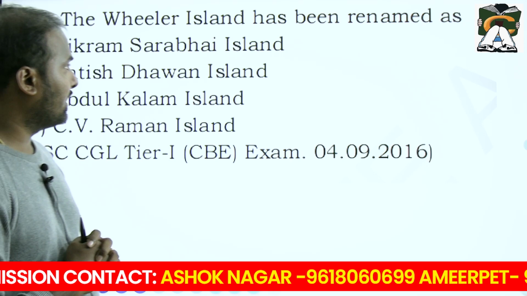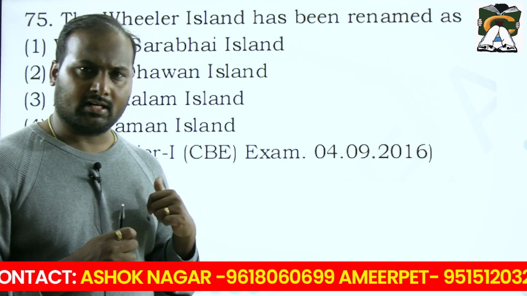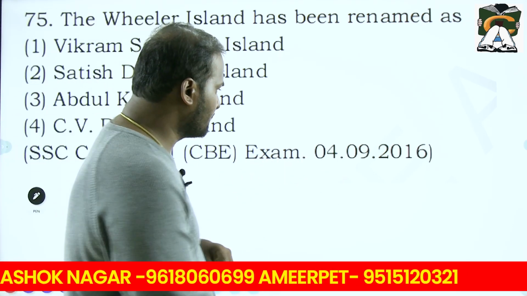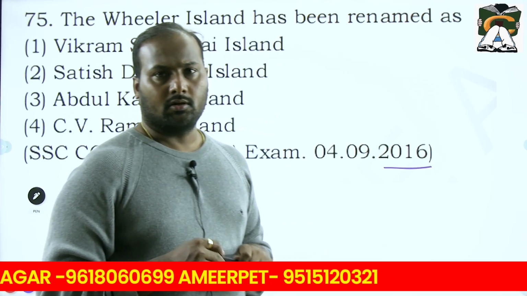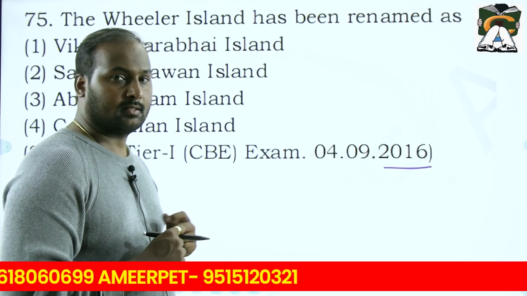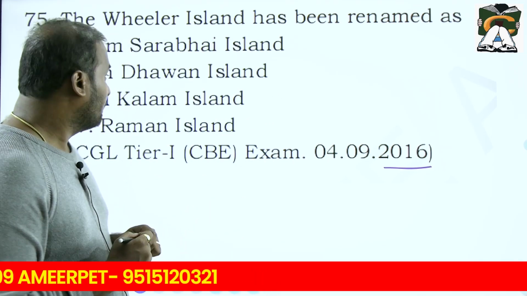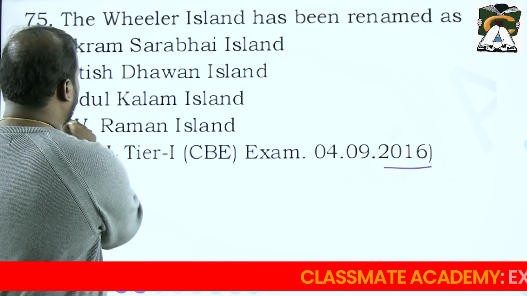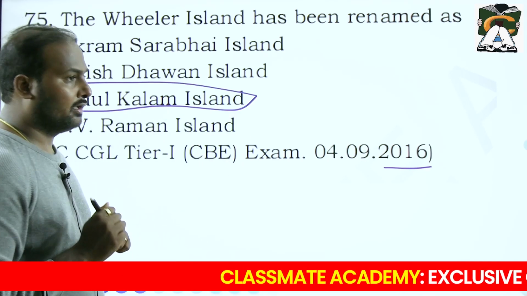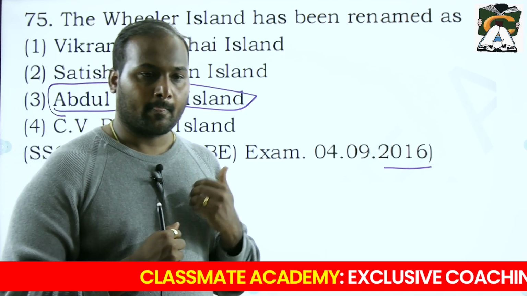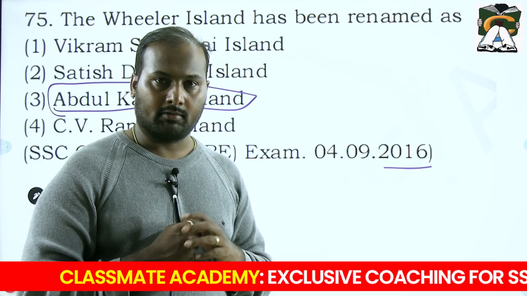Next, Wheeler Island has been renamed as what? Actually, this is a current affairs question which was asked in 2016. It was renamed after the Indian Missile Man, Abdul Kalam Island. He played a very crucial role in the Indian missile program.